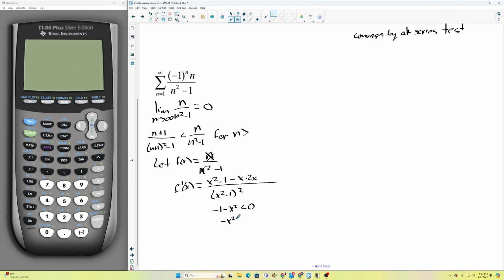You go negative x squared less than 1, x squared greater than negative 1. Well, x squared will always be greater than negative 1. So for n greater than or equal to 1, we have a decreasing sequence. So converges by alternating series test.